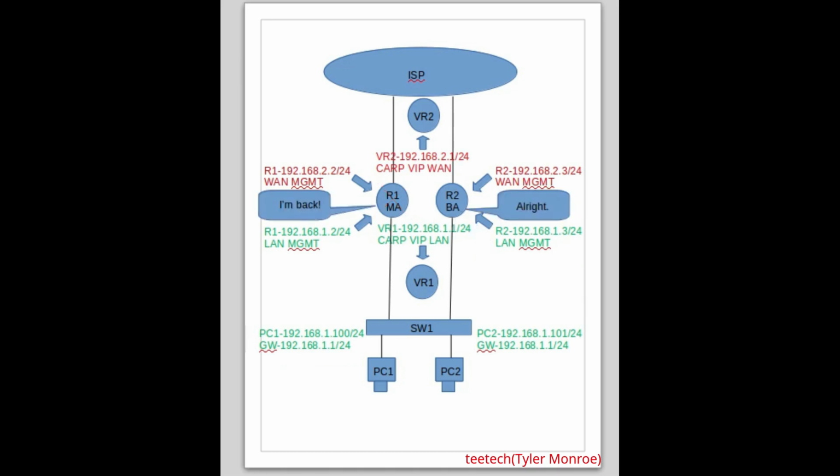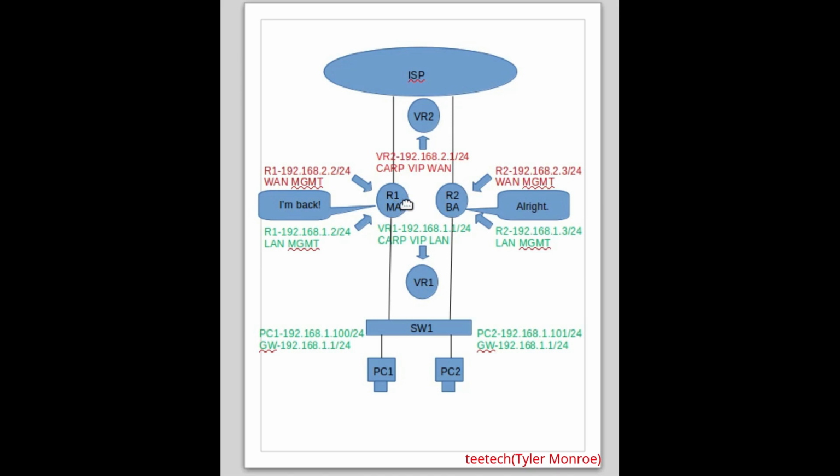Well, there's something called CARP preemption. All this means is if a router or CARP speaker, because this can be implemented on a server as well, comes back up with a lower advertised skew than the current master, he can take back over. So in this case, R2 has 100, R1 has 0.